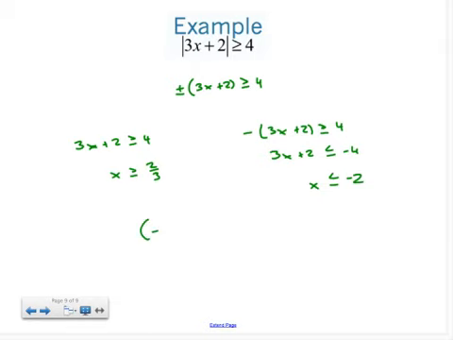So we have -infinity to -2 with a bracket because I'm allowed to use -2. And we unionize, so 2/3 is allowed. We go from 2/3 to infinity.